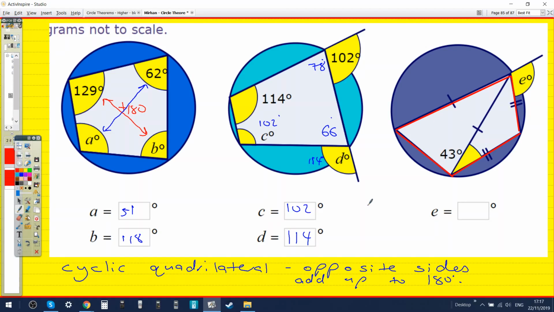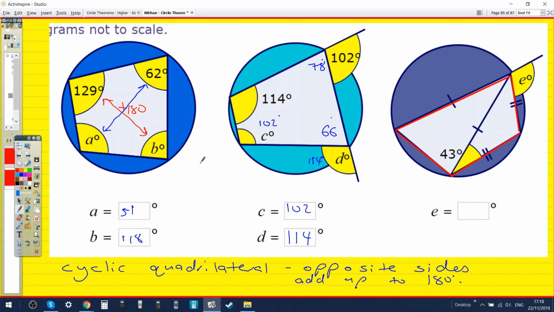And last one. Do the two same lines mean it's an isosceles?